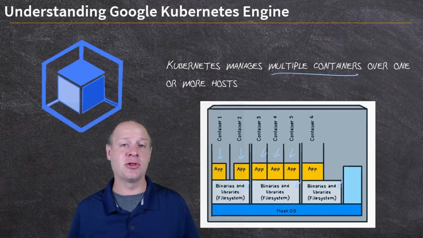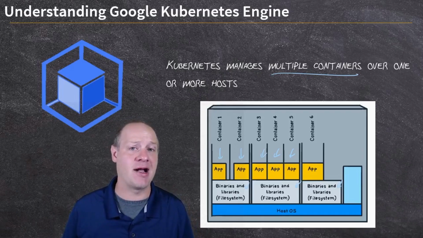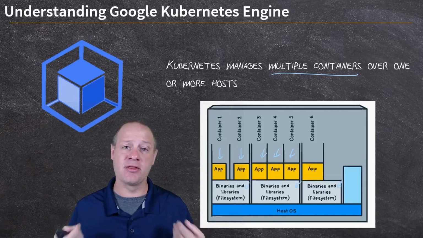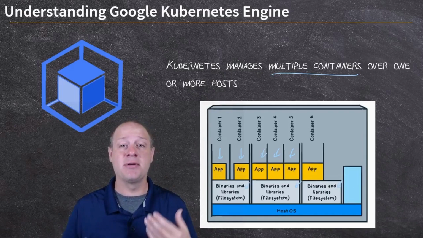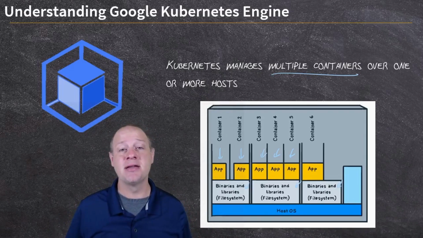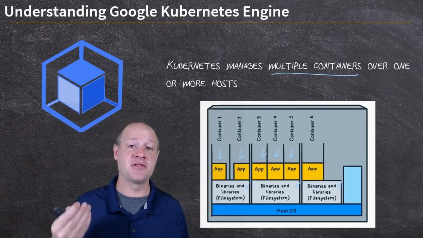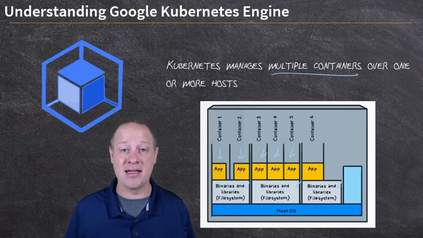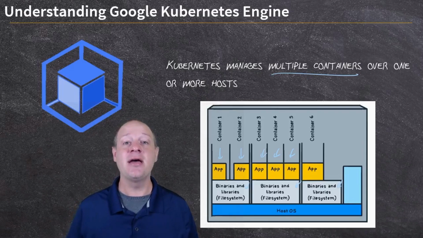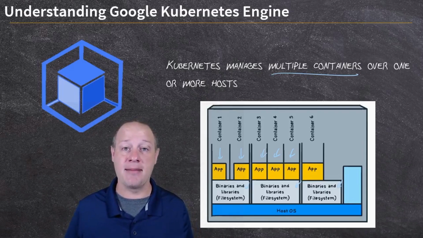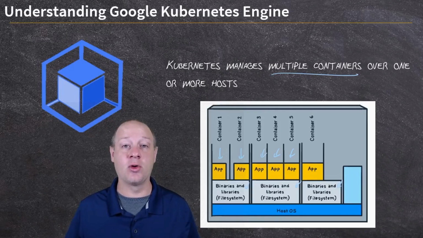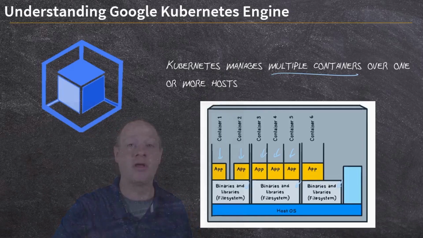And then you've got 2 or 3 back-end containers that are doing back-end processing. They're totally separate from one another. They interact, they communicate, but they don't run together. So you can spin up different numbers of copies of the front-end service versus the number of copies of the back-end service. Kubernetes allows you to very easily manage and maintain all of that and efficiently distribute all of those different copies of containers across one or more compute engine instances, one or more nodes.